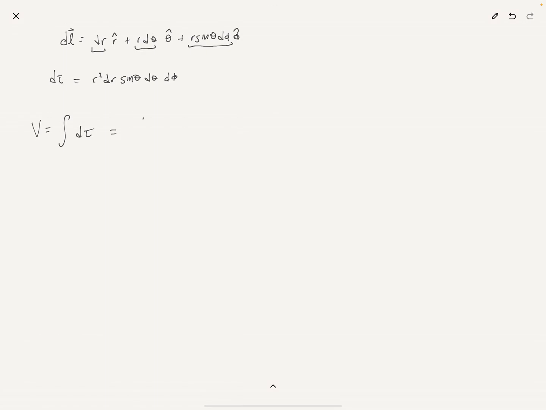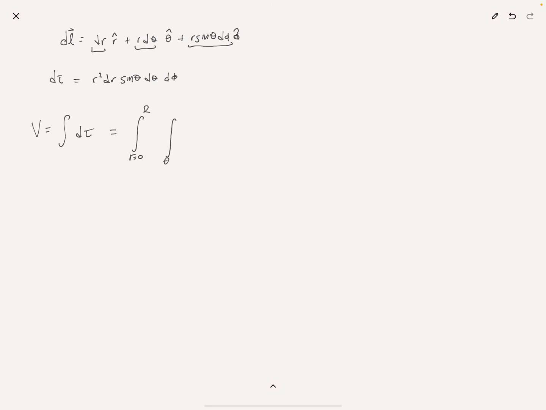Okay, so let's do our r bounds first. What are the limits going to be for r if I want to integrate over a sphere of radius r? I'm going to start at r equals 0, and I'm going to go to r equals capital R, the size of my sphere. What are the bounds on theta going to be?